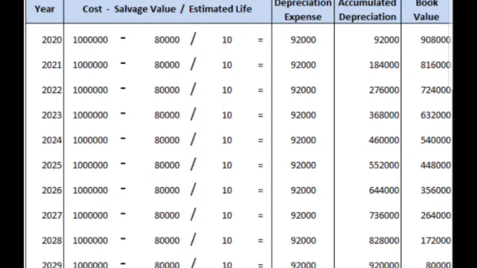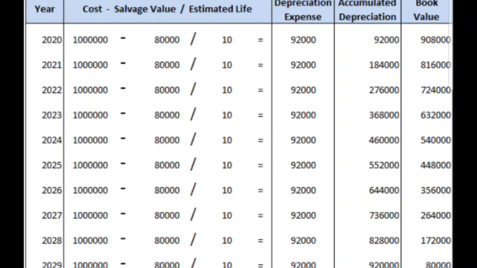Now let's have a question. Suppose we have an asset which costs 1 million, with a salvage value of 80,000 and a total useful life of 10 years. So we shall deduct the salvage value from the cost and divide it by the estimated life.